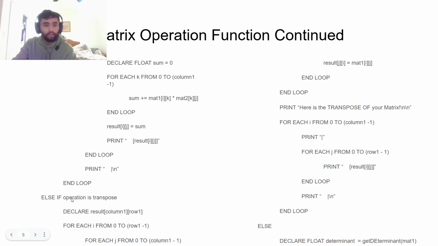Then as for the operation transpose, it's a simple function where you define your rows or the column value that is defined by the user, and then the row value becomes the column value. Same logic for the loops as I explained earlier, except here, the reason why you put j here is because this is supposed to be the column number, and this is supposed to be the row number.